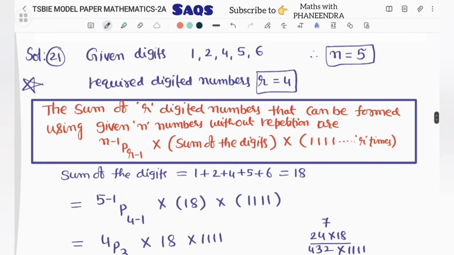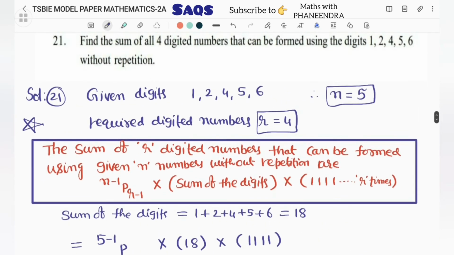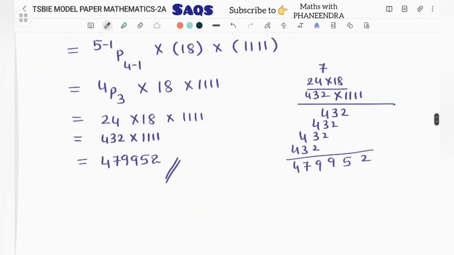I hope you understand, students, for this question. We'll move on to question number 22.